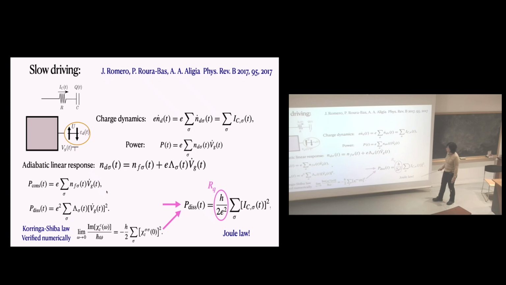What is found is that introducing this quantum of resistance in the adiabatic expansion, you get this expression for the dissipated power, which has precisely the form of a Joule law. It is a quantum Joule law, because we have a quantum of resistance there.